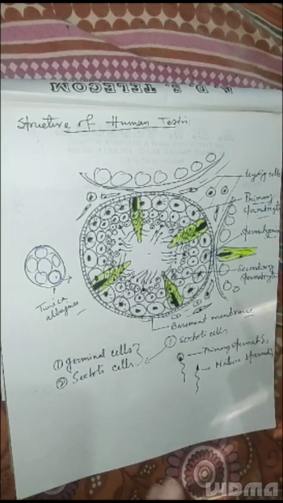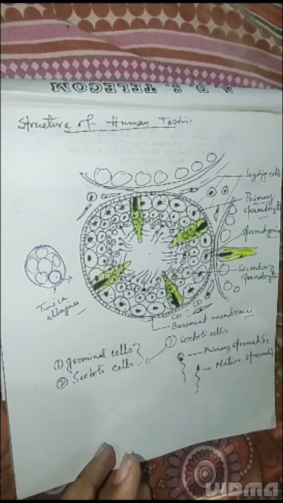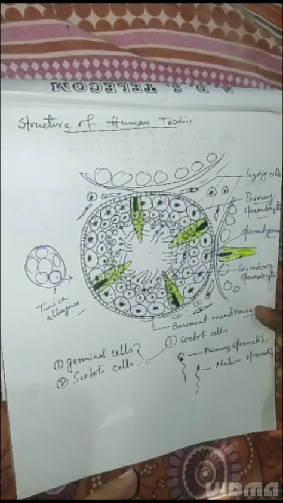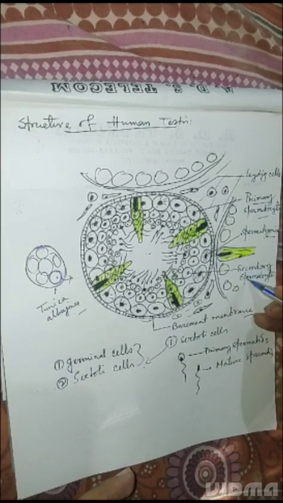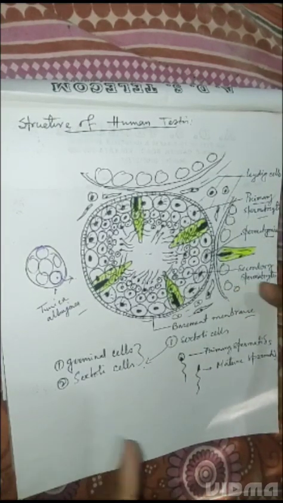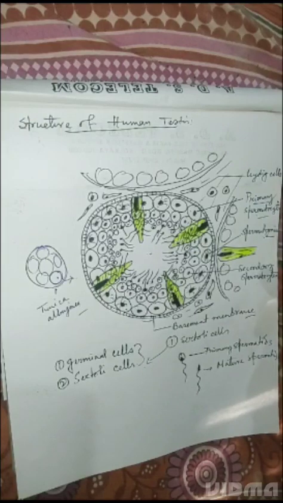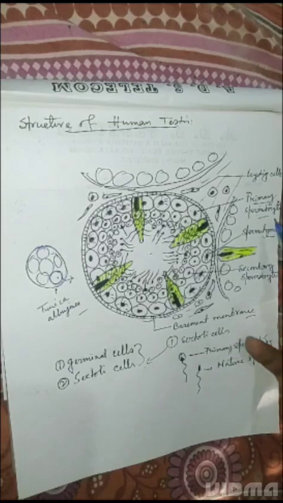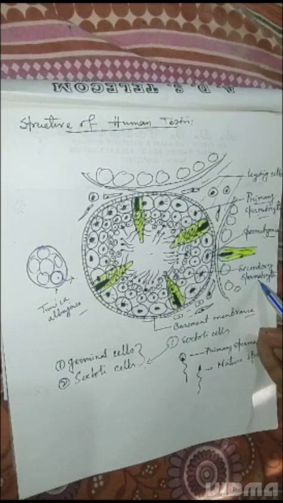It just compresses itself and forms primary spermatocyte, not like from the primary spermatocyte to a secondary spermatocyte, which divides. But in case of spermatogonia to the primary spermatocytes, it just converts into it, right? There is no division between spermatogonia and primary spermatocyte. That's the basic. So after that, the spermatocyte divides and forms secondary spermatocyte.